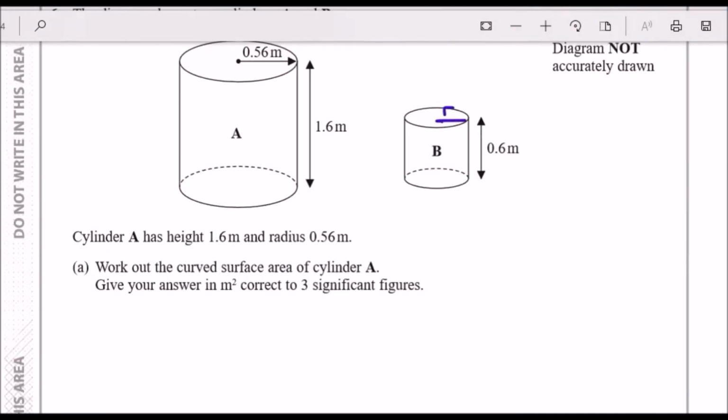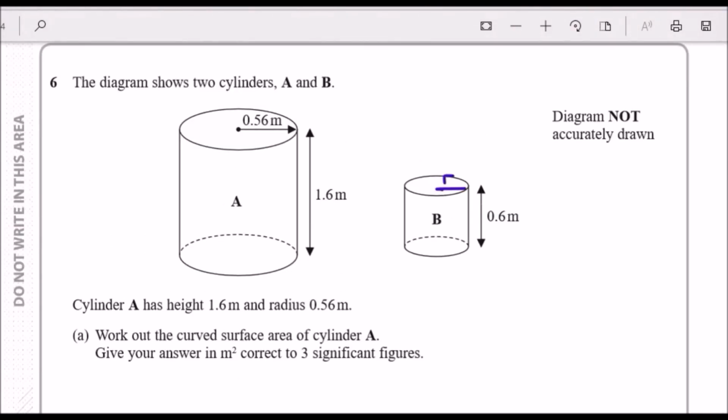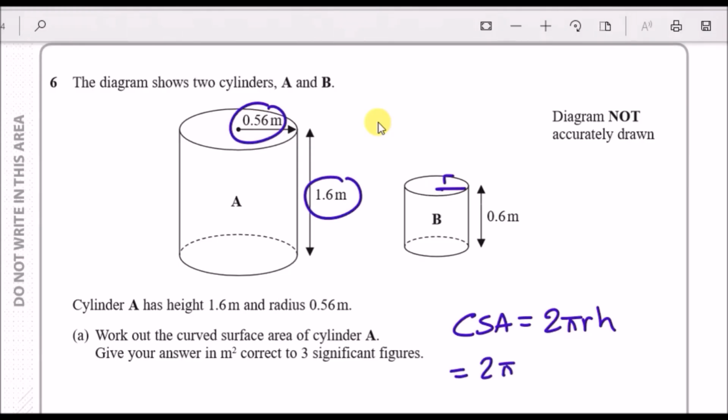So the curved surface area is 2 pi r h. Not much to say here. Just replace r with 0.56 and replace the height with 1.6. In your calculator you can put that in straight away, you don't have to do all the steps.